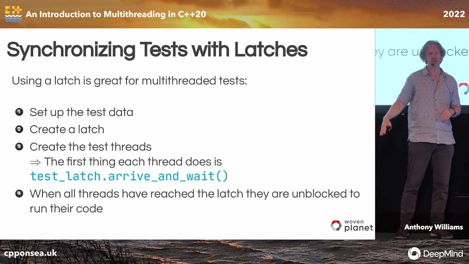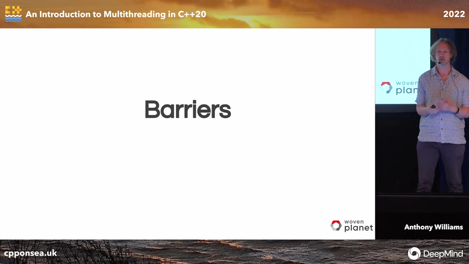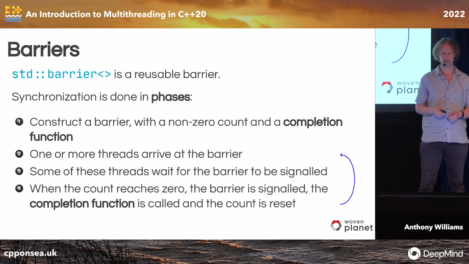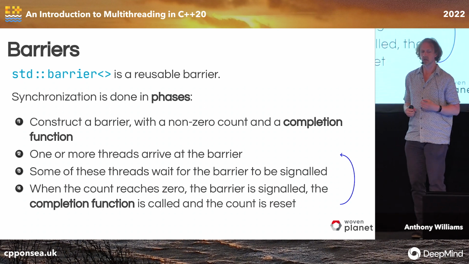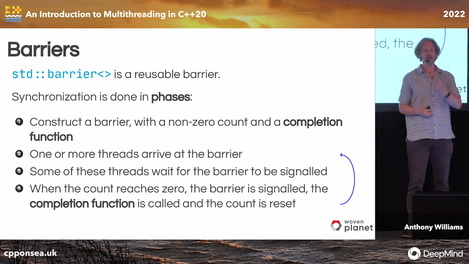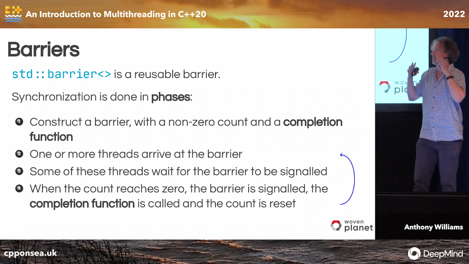Moving on from latches, if that doesn't meet your needs for your given application, then we try using a barrier instead. Barrier is a template that provides a reusable barrier, and it is done in phases.